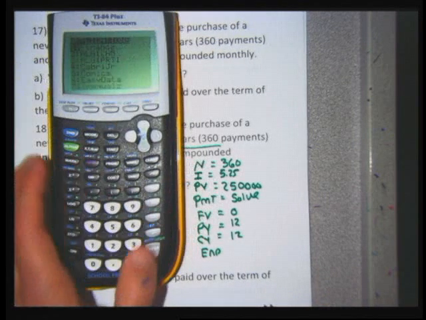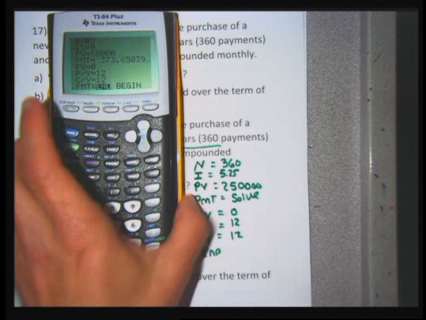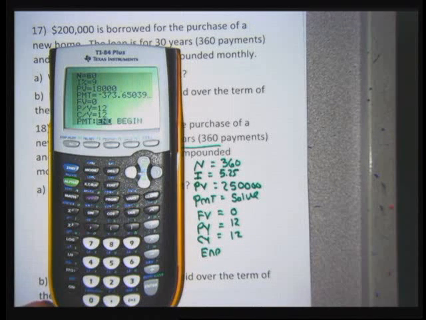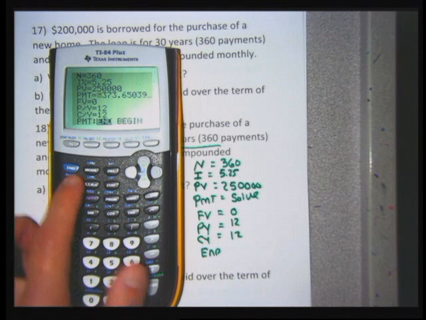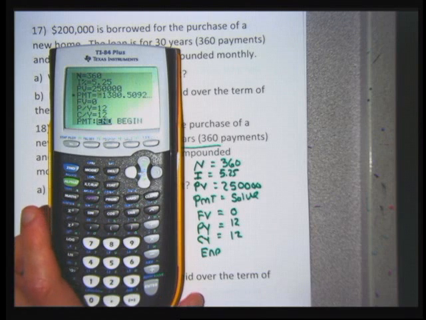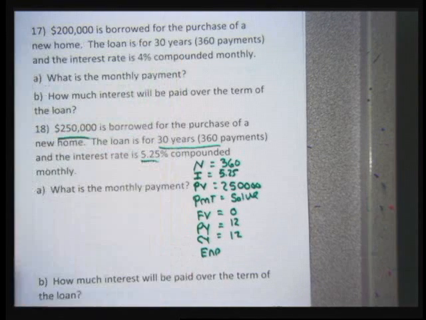So apps, finance, enter, N is 360, I is 5.25, loan amount 250,000, and then alpha and enter, so $1,380.51.